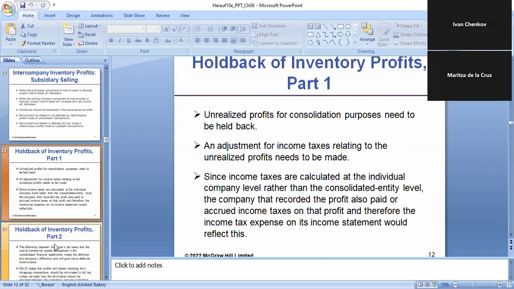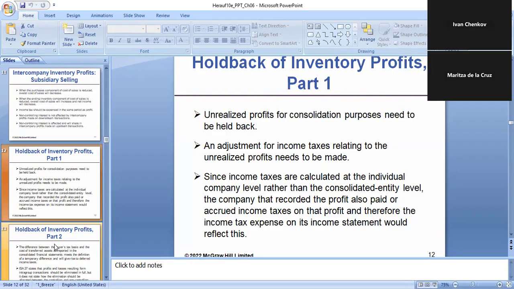It's for better understanding of how many companies the parent owns, and once we consolidate all the companies, what is the parent worth? But all the subsidiaries are going to pay income taxes at the subsidiary level.